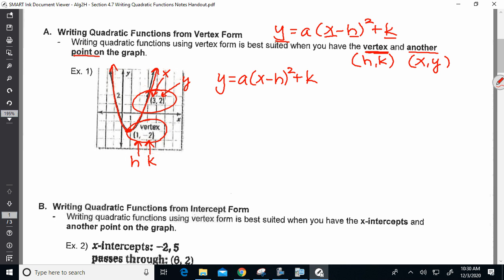So we plug in everything, so 2 equals a parentheses 3 minus 1 squared minus 2. So now we're just solving the equation. We got to take care of the parentheses. 3 minus 1 is 2. 2 squared is 4.